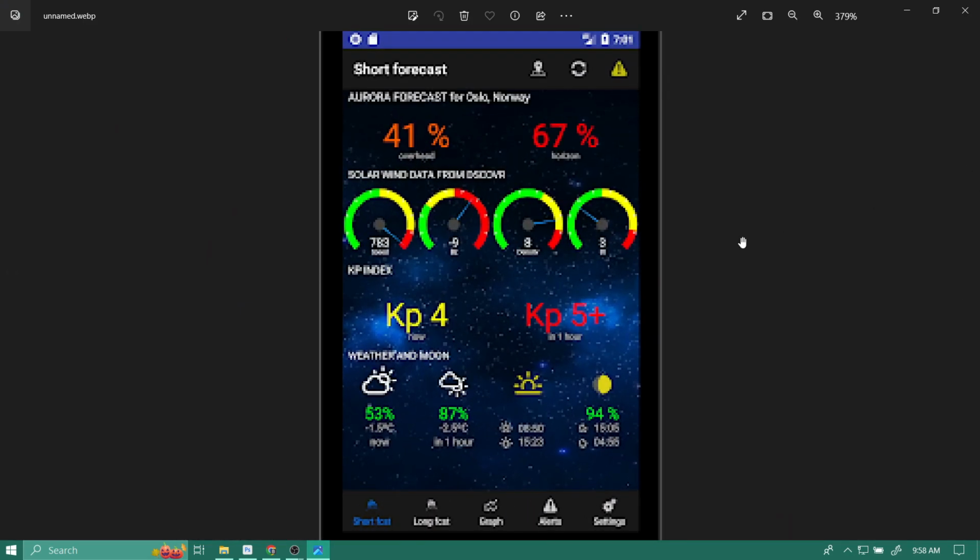Whether you're looking at an app like this, see where it says 700, you've got your wind speed, your BZ, your density. Now, this isn't the correct one. This is just a picture of the app. But this is what you should be seeing and looking at. And I'm going to look at mine real quick right now.